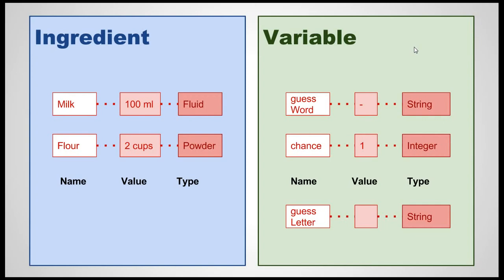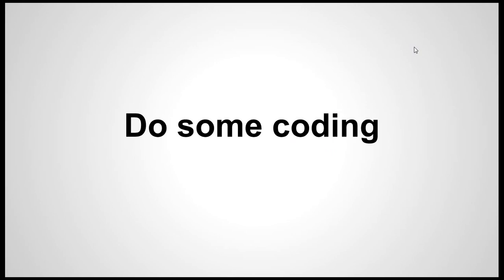You need to have its type, right? So remember that every time you try to define the variable, you need two things: the name and the type. The value is not necessary. You might have it, you might not have it. This is okay. So let's do some coding.